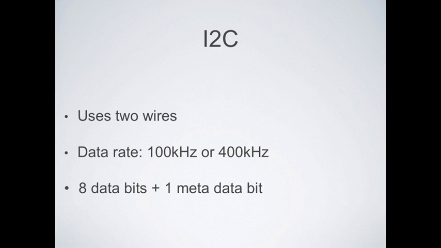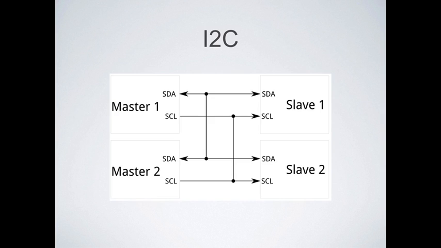It also transfers 8 data bits at a time plus 1 metabit, which essentially helps you determine when the next person should start reading. So here's a schematic of what I2C looks like. You want to use I2C when you have multiple slaves and multiple masters.